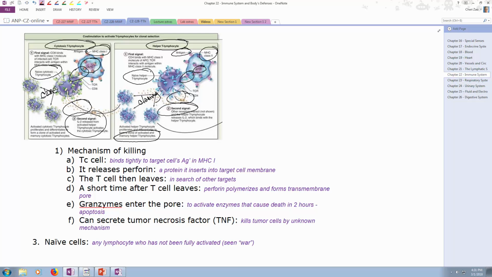This is an important aspect. Again, we are cloning into activated cells and memory cells. If you're activated, that means you'll go out and do the job. With the cytotoxic T cells, once they become activated and they're actually ready to fight, the only way they can recognize who they're supposed to attack is if the cell has the MHC1 on it loaded with the pathogenic antigen that it was just presented.